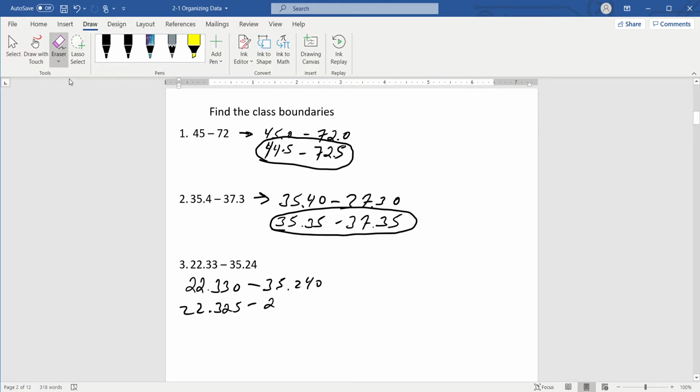And then if you add 5 here, that will be 245. And those are your boundaries. Not too bad. Just have to remember, put in an extra decimal place, and that decimal place you added is what you will be actually subtracting 5 from or adding 5 to.